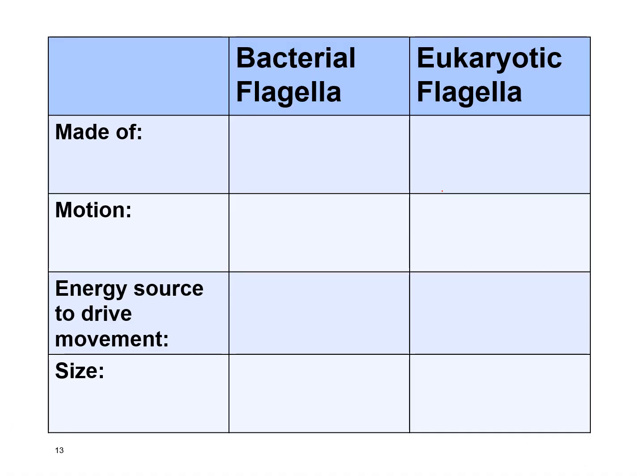Okay, so let's compare the bacterial and eukaryotic cell flagella because they are pretty different. They are both made of proteins, but they're made out of different proteins. The bacterial flagella are made out of a protein called flagellin. And the eukaryotic flagella are made out of microtubules.